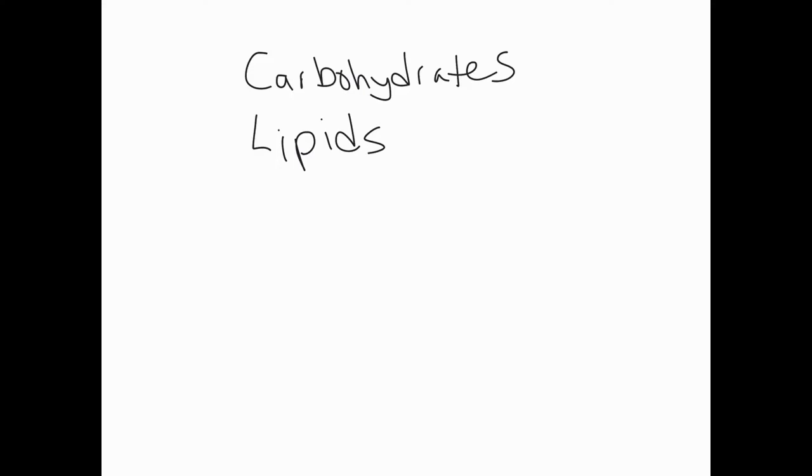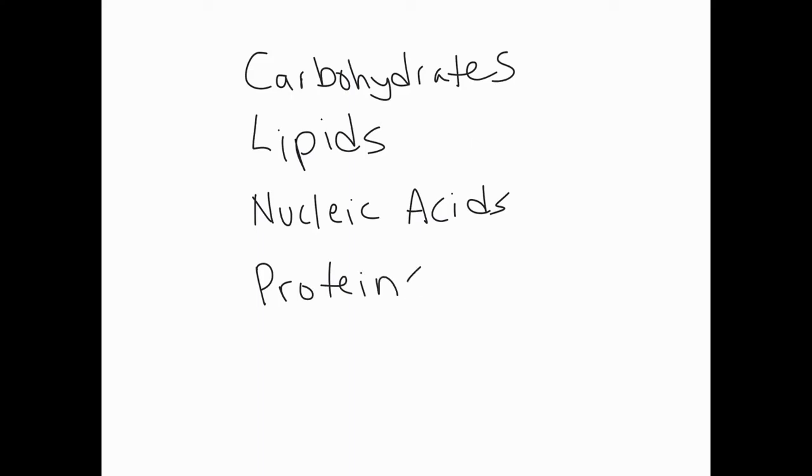We're going to go over nucleic acids. And the last one we're going to go over are proteins. So these are the 4 organic macromolecules, or the 4 polymers that we're going to go over.